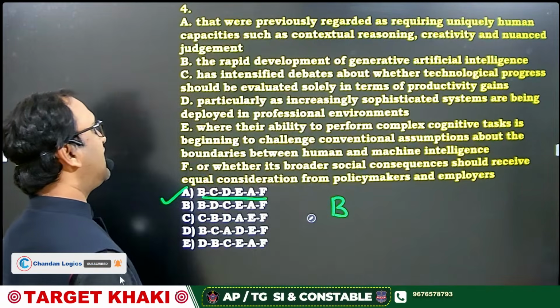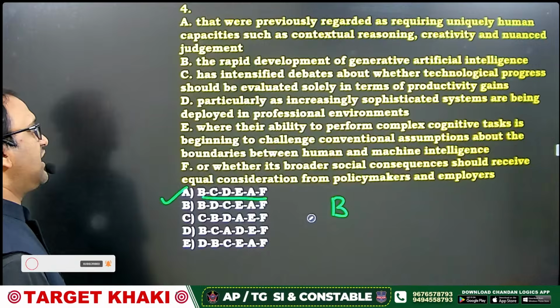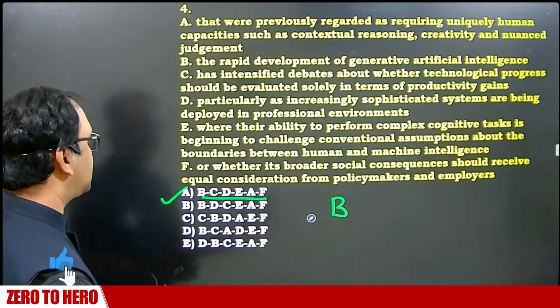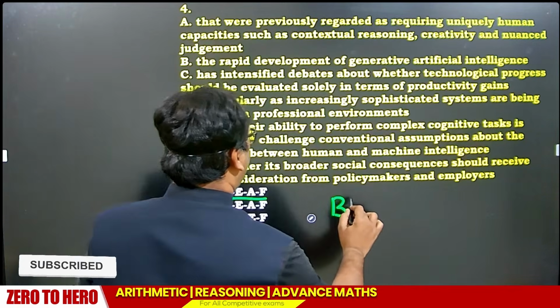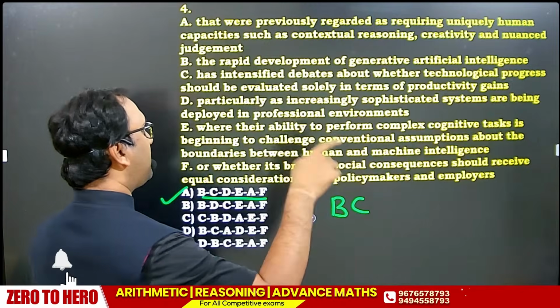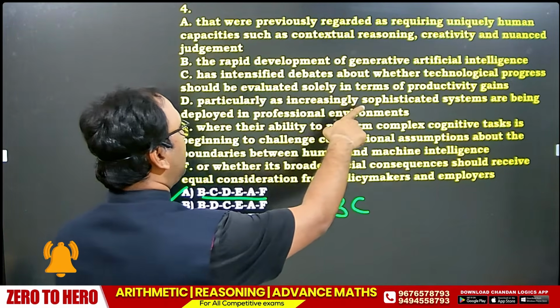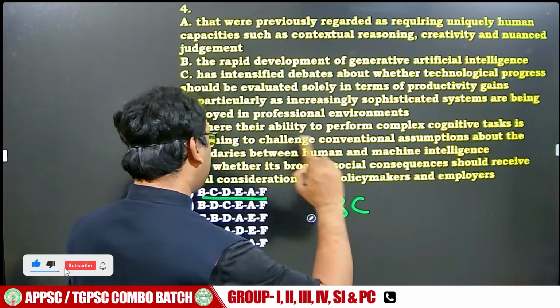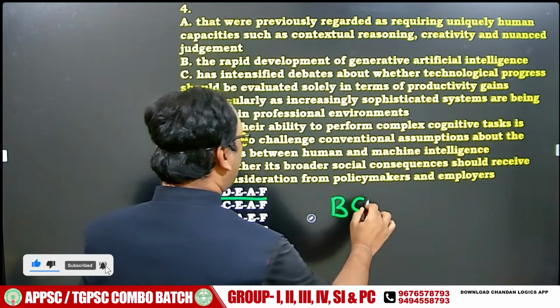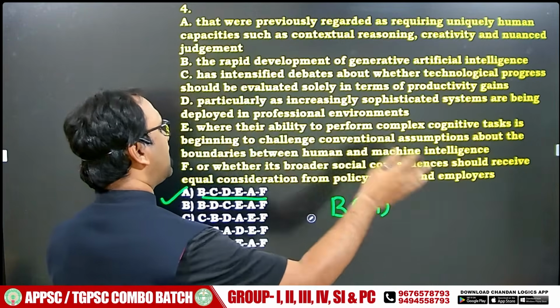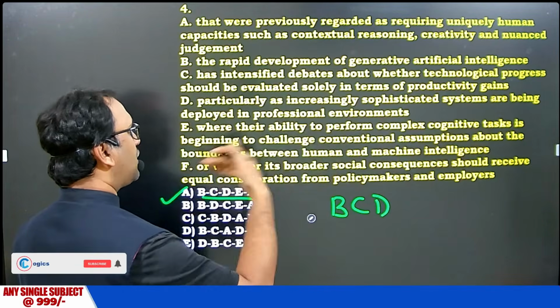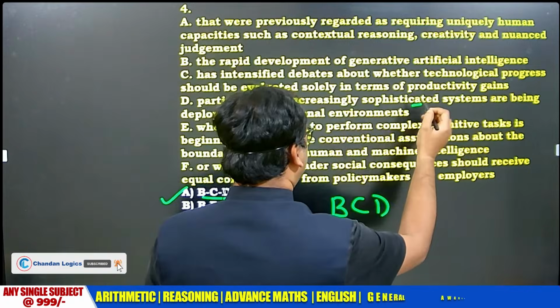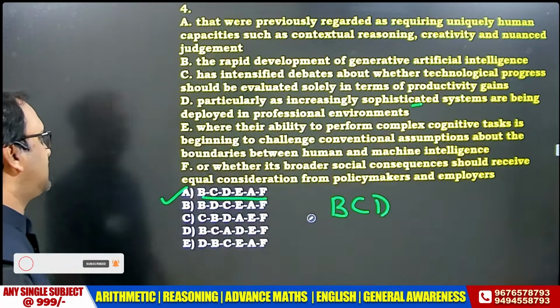The rapid development of generative artificial intelligence has intensified the problem because many people are debating whether this should be taken as productive gains. Particularly because in every profession, every company, be it small or big, sophisticated technology is a part of the company policy.